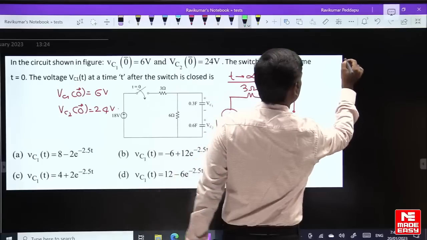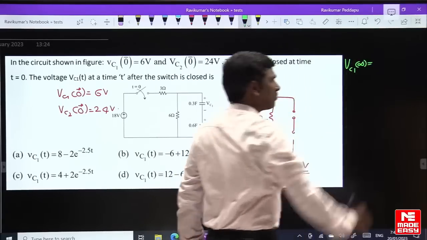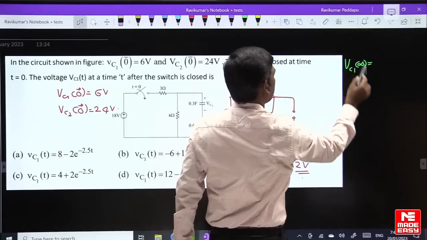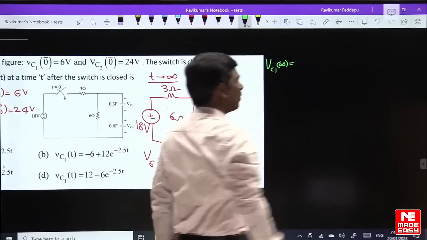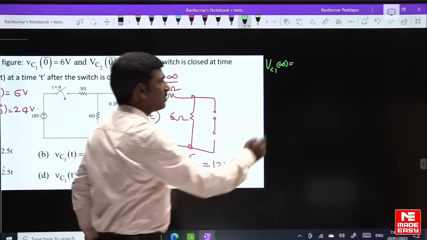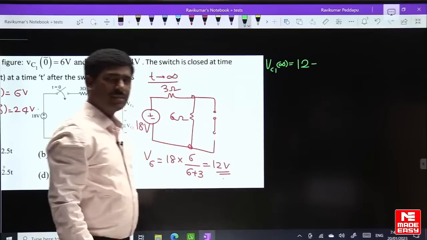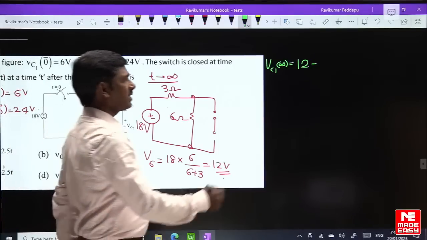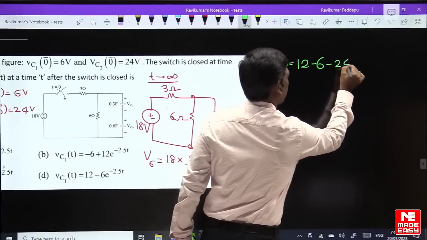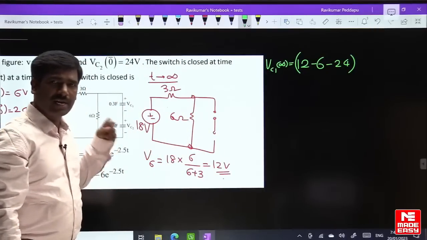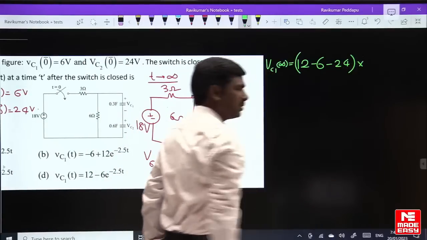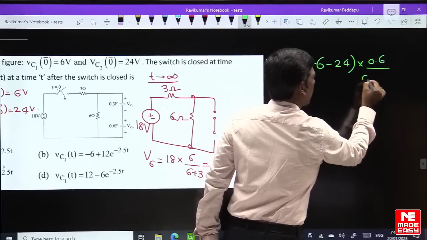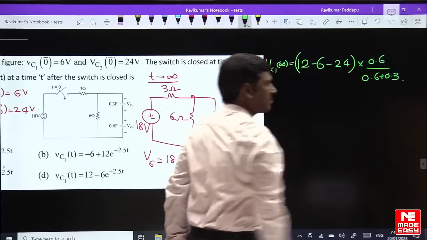Vc1 of infinity is equal to 12 volts minus the initial voltage across the capacitors: minus 6 minus 24, the initial voltage across the second capacitor, into the opposite capacitor, 0.6 by 0.6 plus 0.3. This is the voltage division rule.